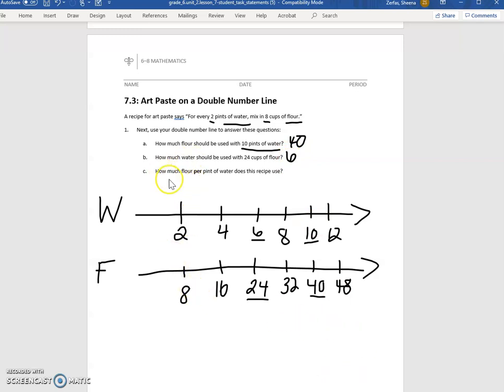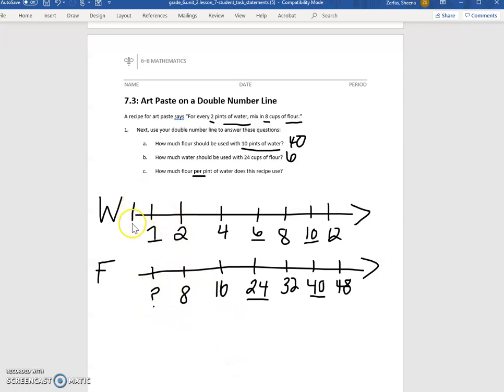Alright, C is where things become a little bit more difficult, because instead of counting by 2s, I now need to add on my number line because I want to find the amount per pint of water, and so per means 1. So what this question is asking is, can I determine how much for 1?